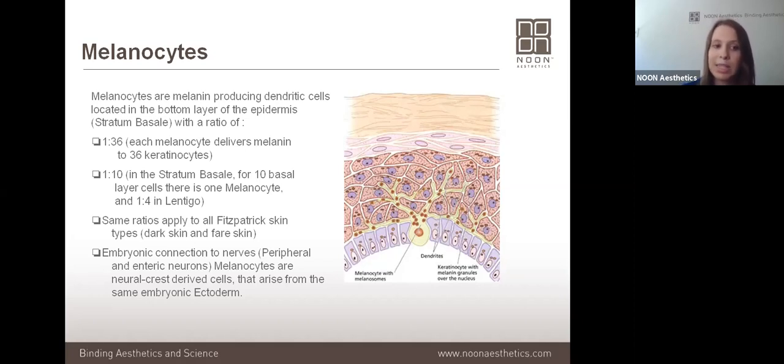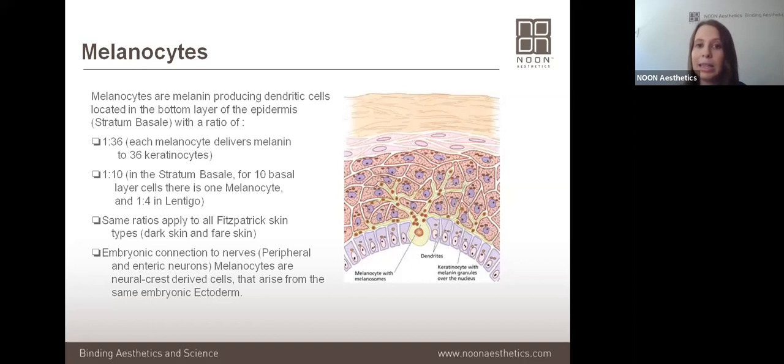So in a normal state, there is one melanocyte that distributes melanin to every 36 keratinocytes. And in the basal layer, for 10 basal layer cells, there is one melanocyte. So this is the normal ratio.